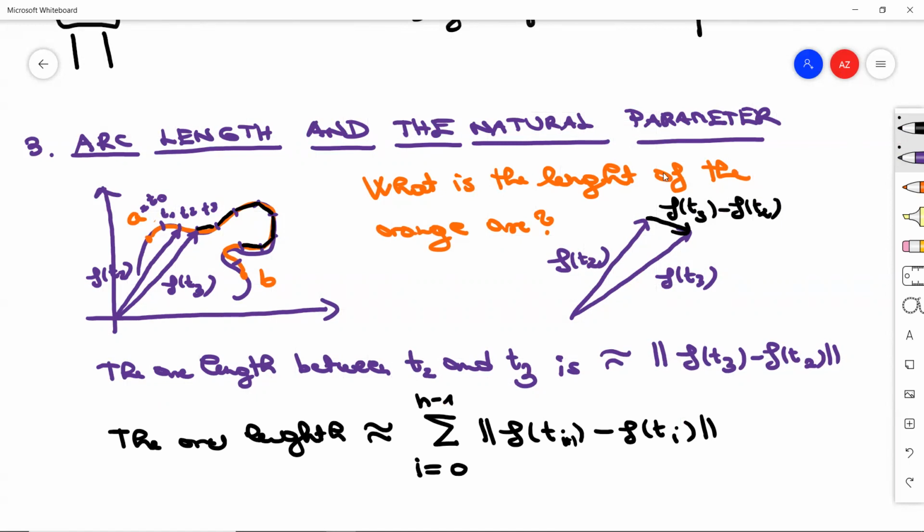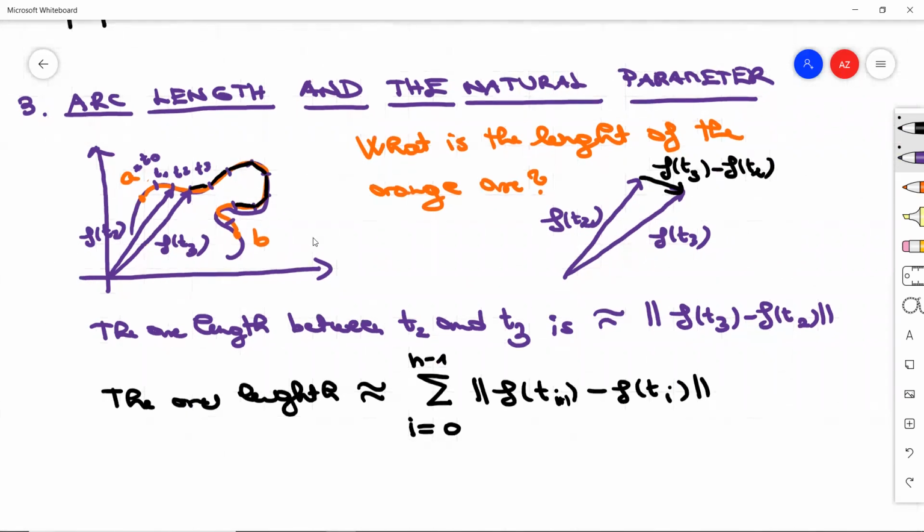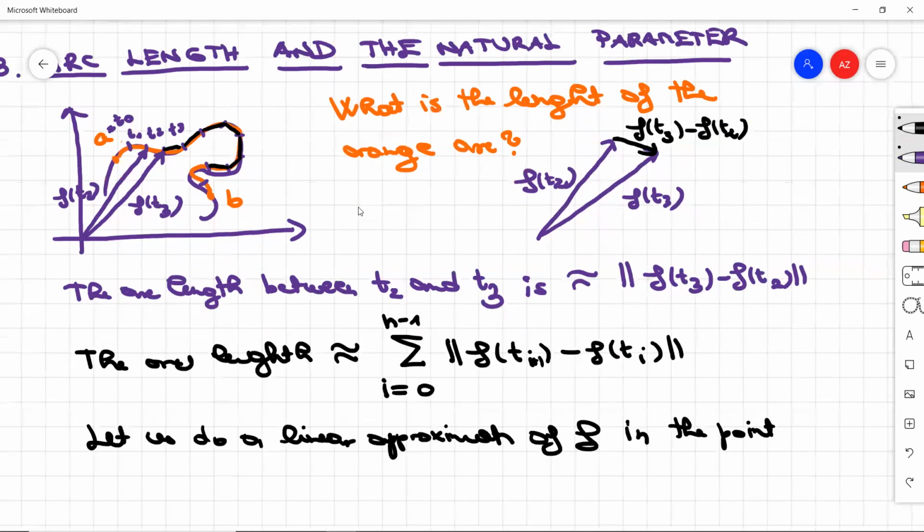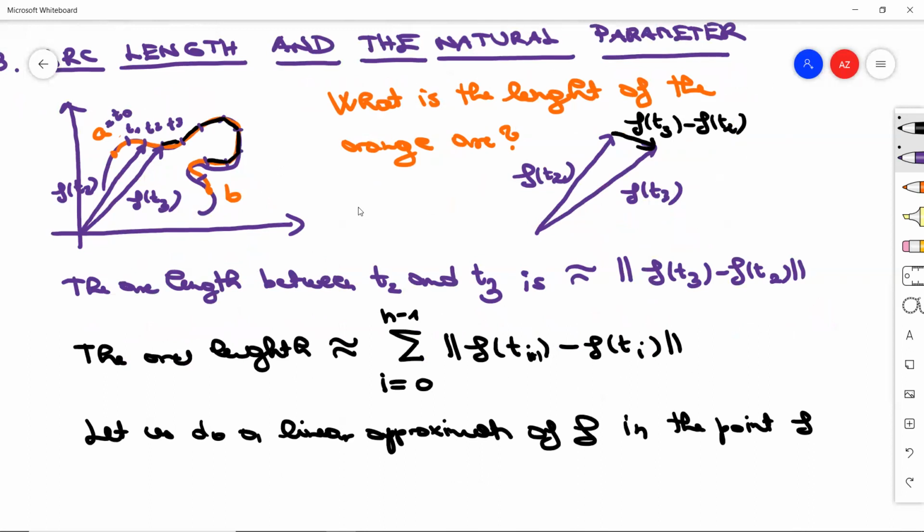And now we can calculate these chords by approximating. Let us do a linear approximation of f in the point f of ti. So what is the linear approximation? This is just the tangent to the curve in the point f of ti.